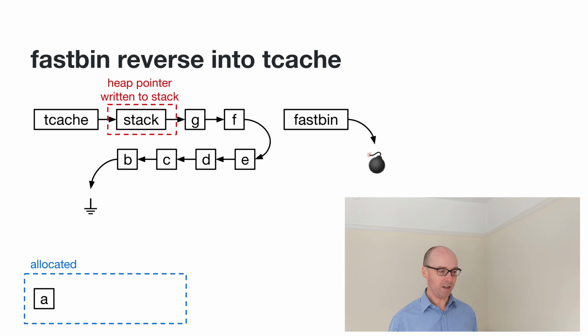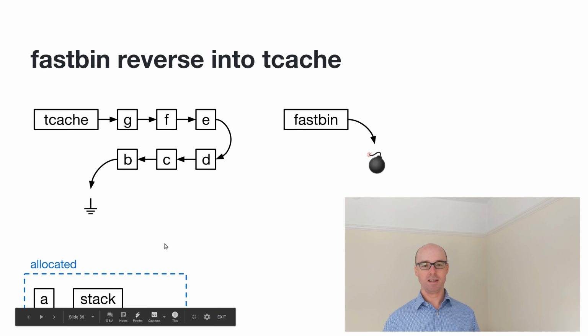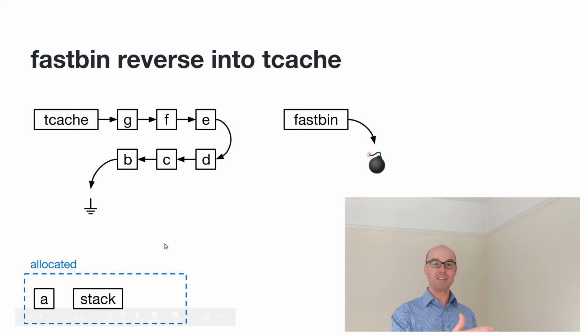But I got really lucky here, or I feel like I got really lucky, because if you allocate one more chunk, then what happens is you get back that stack pointer. And so this actually was really convenient for me when I was writing the exploit, because after I've received the remote info leak, I can then send back a crafted buffer, which, because of this behavior that the next allocation goes on the stack, actually gets written to the stack.